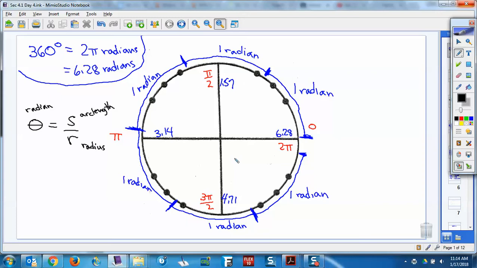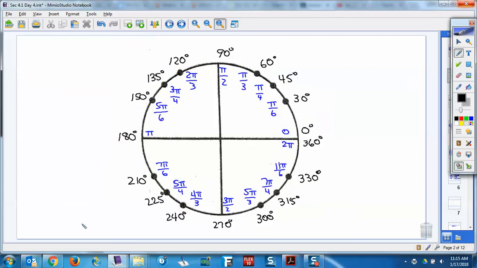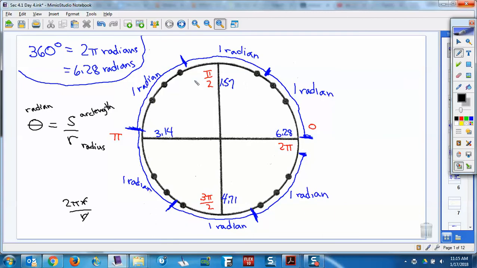Because the arc length all the way around the circle is just the circumference, 2 pi r, and then you divide by r. So that's why theta all the way around the circle has to be 2 pi. Also, because of our string, we measured the string all the way around, and sure enough, there's about 6.28 of those all the way around, okay?